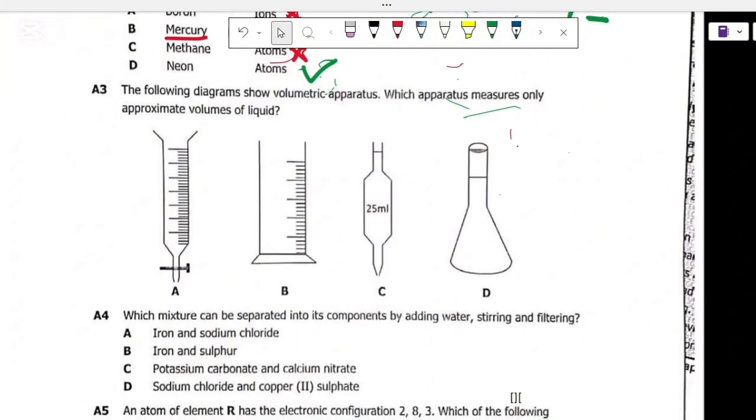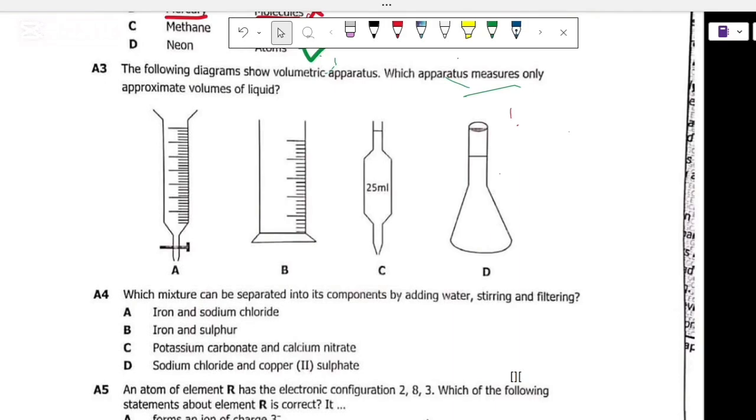So let's look at also the third question. Now the third question says the following diagrams show volumetric apparatus. Which apparatus measures only approximate volumes of liquid? I think the key here is approximate.